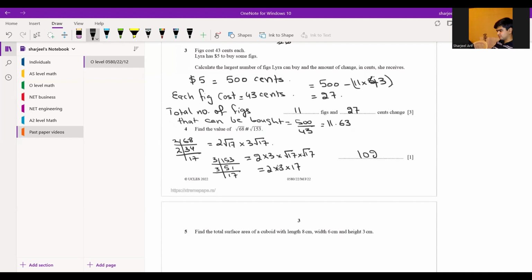So your answer will be 102. I'm just explaining how under root 17 into under root 17 becomes 17. If you write it in fraction form as powers, the bases are the same, so you can add the powers. So this will become 17 power 1. So this will be your answer.